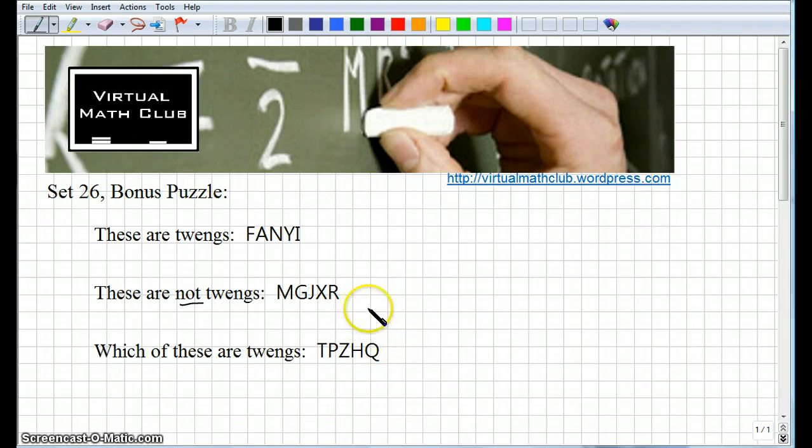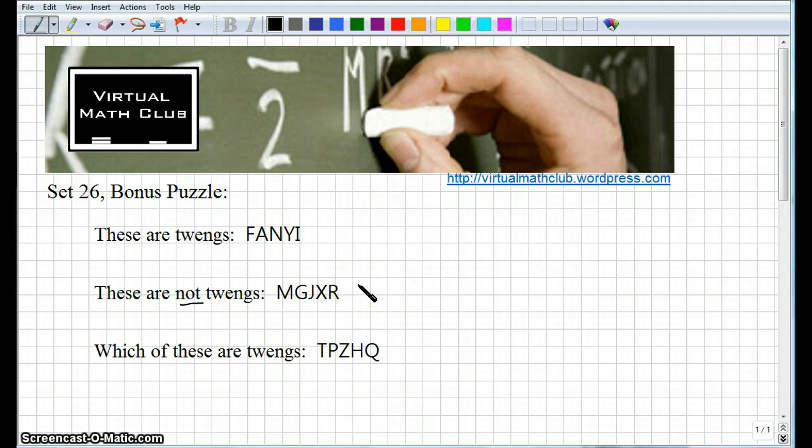Like I've said before with these puzzles, don't watch this unless you've really given it a good try, because it's hard to give you even a hint on this one. But I will give you a hint. It really doesn't have anything to do with the position of the letters in the alphabet. There's really no math involved.